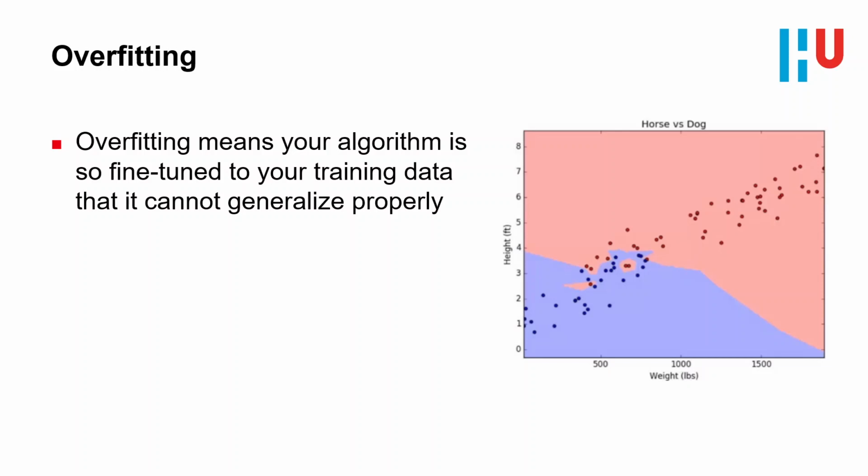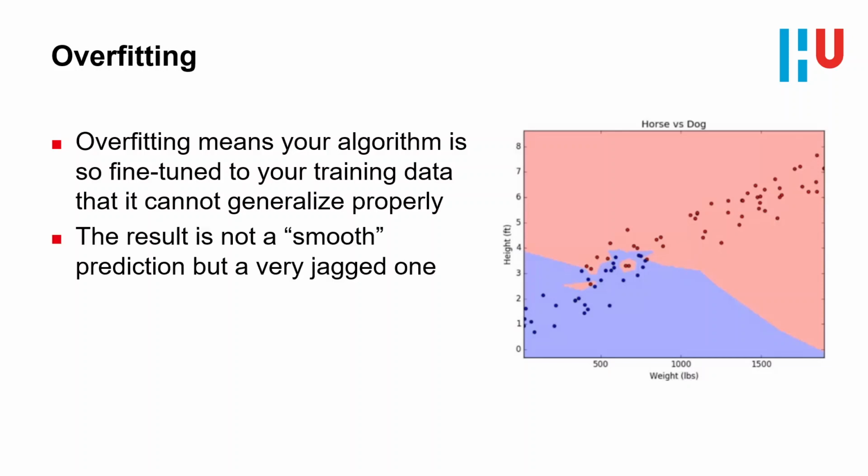So if you've got new data, it's not so good at making a general prediction. It's going to do exactly what your training data said it should do, and it doesn't generalize so well. It's not a smooth boundary, but a very jagged one, which maybe is not so bad in some cases.